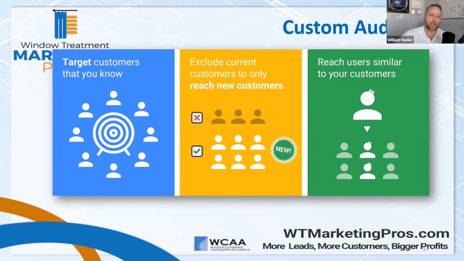But you can upload a list of customers that you already know that have purchased from you or given their address or email or information about themselves in some way. You can upload that list and show ads specifically to those people.